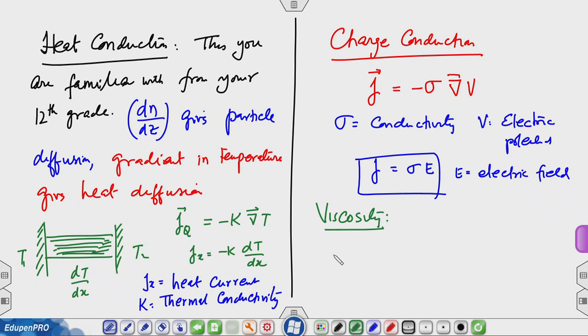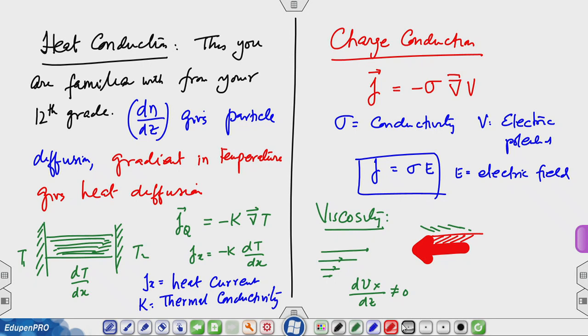So if you have, say, some fluid flowing like this with a velocity gradient, so I have dvx over dz not equal to 0. Then if I take some fluid here and some on top, on the lower fluid there will be a force in this direction.